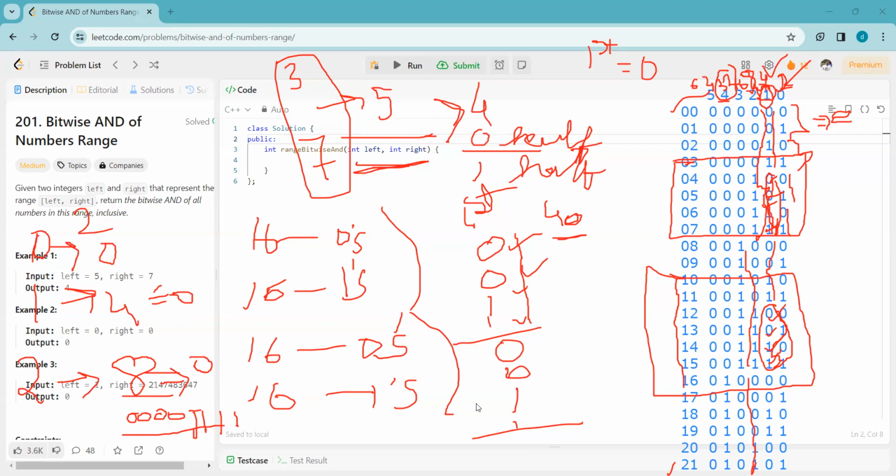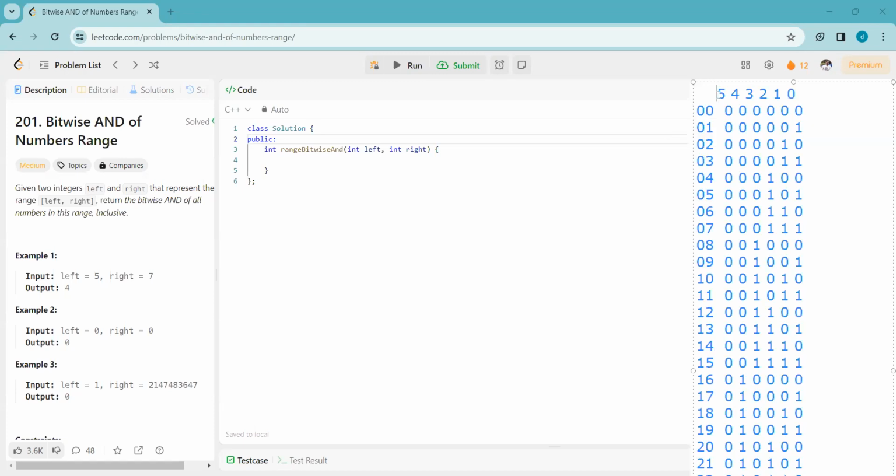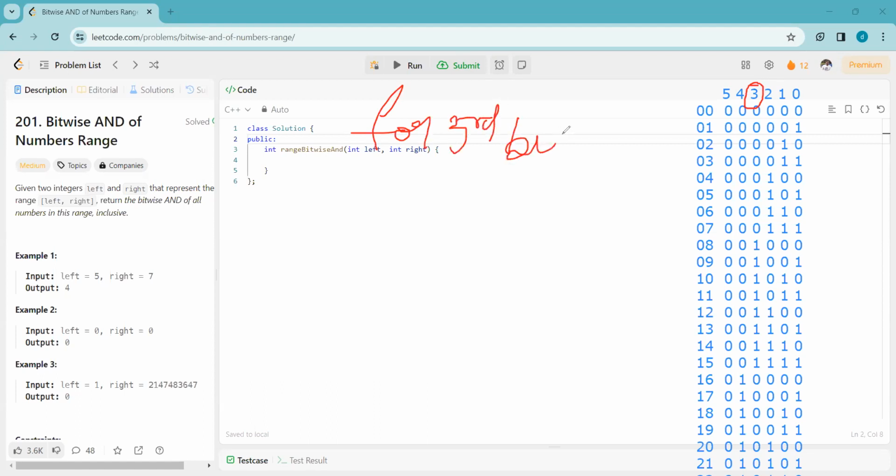So let's draw a chart to see how it is working. If we consider any single bit, suppose currently we want to see the third bit. Can we say we have two options?